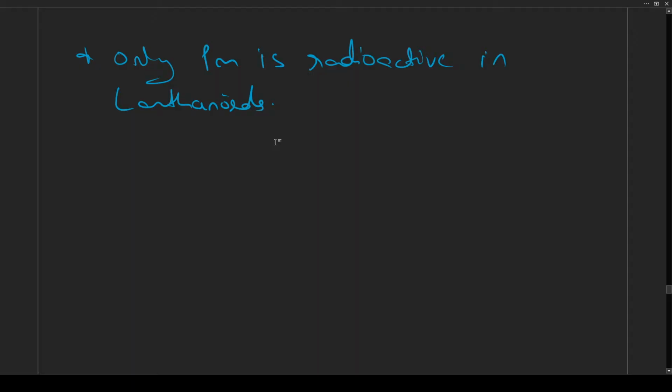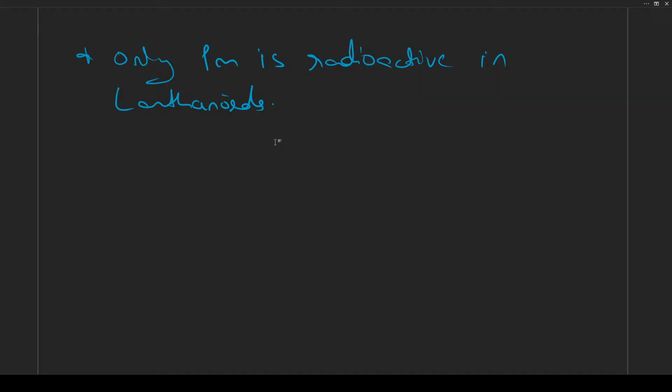Lanthanoids are less basic. We saw this as a character. Basicity will decrease from left to right. Basicity decreases from lanthanum to lutetium.